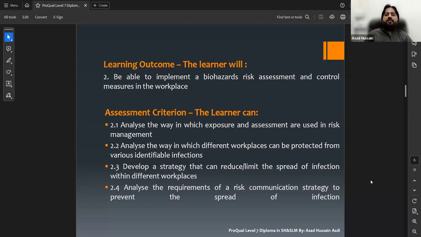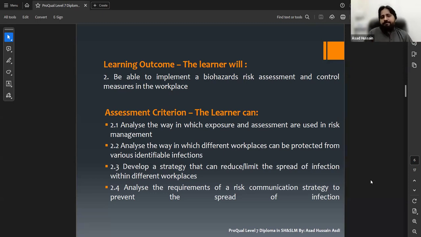There should be a proper risk communication strategy which will endorse this: the identified infections and the risk assessments performed about these infections should be communicated to all the stakeholders to prevent the spread of infection.